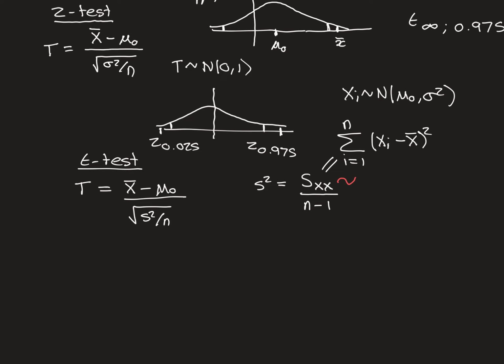So under that assumption, and I'm going to just replace that line for a moment, because actually it's not SXX, it's SXX over sigma squared that is then chi-squared distributed with n minus 1 degrees of freedom, and we showed that in the previous video, the prerequisite video.